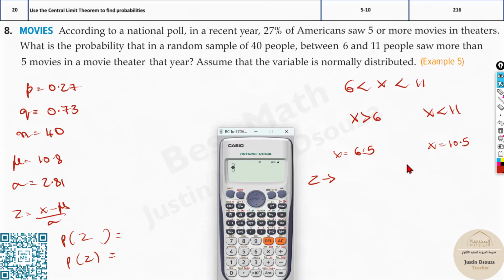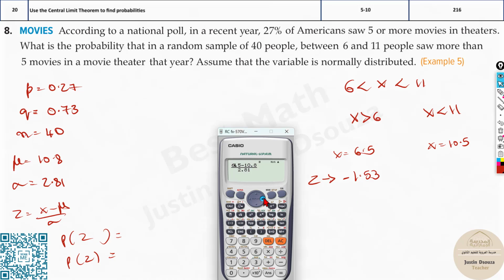In the calculator, let us type 6.5 minus, what is the mean? 10.8 divided by 2.81. First answer is 1.53. It's negative. It's minus, to the left of the normal distribution curve.